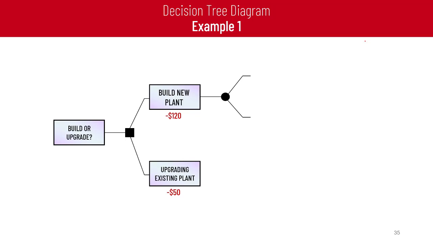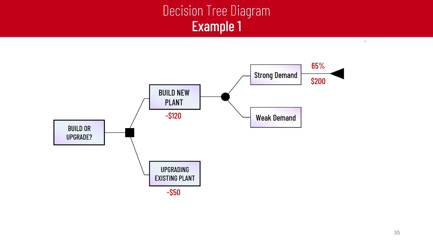If we decide to go with building a new plant, we have two chances. The first chance is that the market will have strong demand, with a probability of 65% to happen, and in case it happens, we will have a profit of 200 million. In the other scenario, if we have weak demand on our product, with a 35% probability, we will end up with a profit of 90 million.